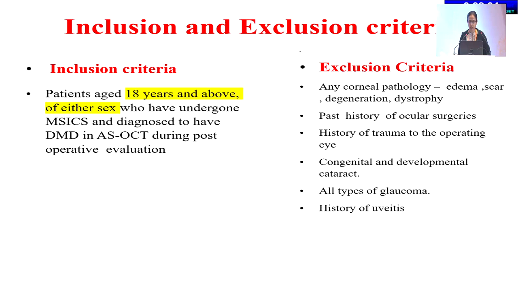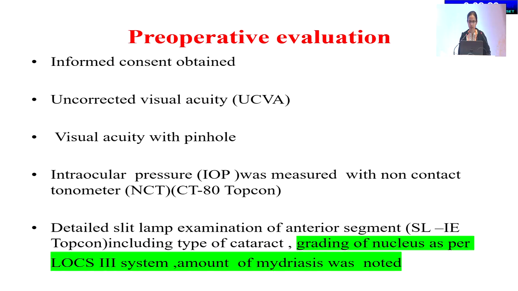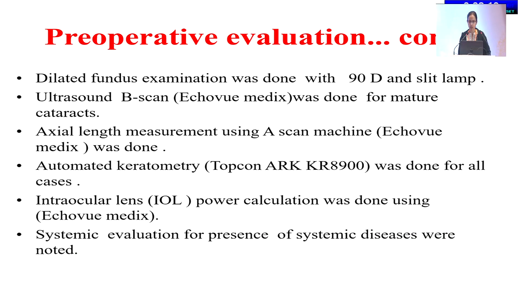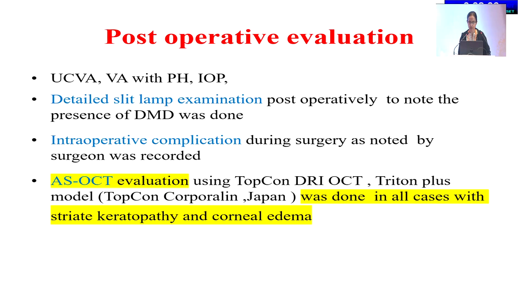Patients aged 18 and above of either sex who had undergone MSICS and were diagnosed to have DMD on anterior segment OCT during postoperative evaluation were included in our study, and any corneal pathology and ocular comorbidities were excluded. Preoperative detailed evaluation was done with all the tests, and the grading of nucleus as per LOCS III system and the amount of mydriasis was noted. Fundus examination and IOL calculation was done.